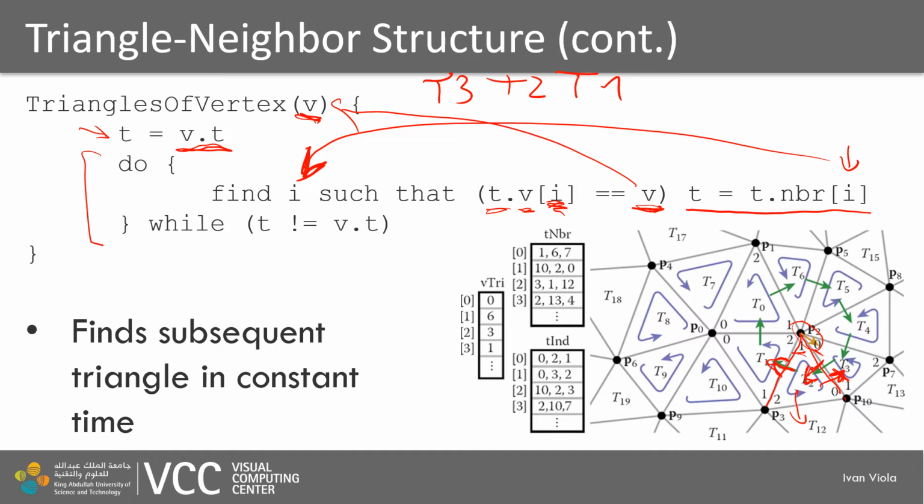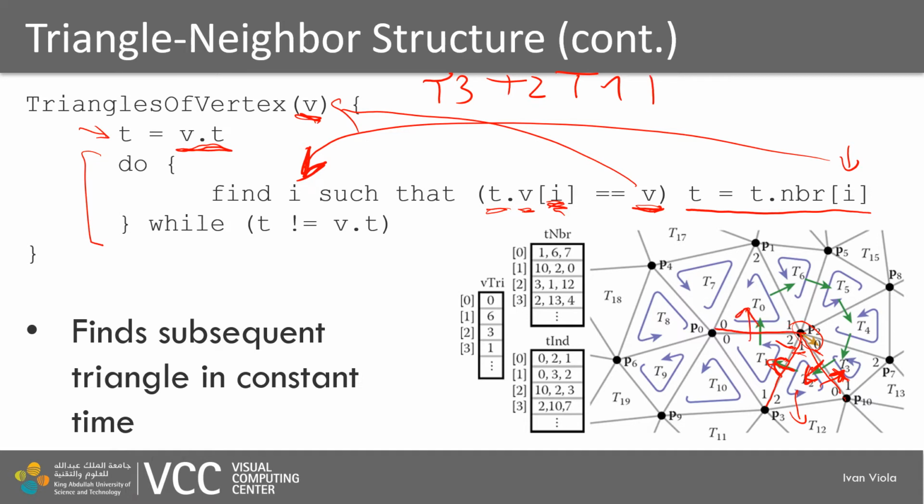And again, then we are looking, okay, P2 is the second in the 0, 1, 2 order of the vertices for the T1, and therefore this will also be the second neighbor.